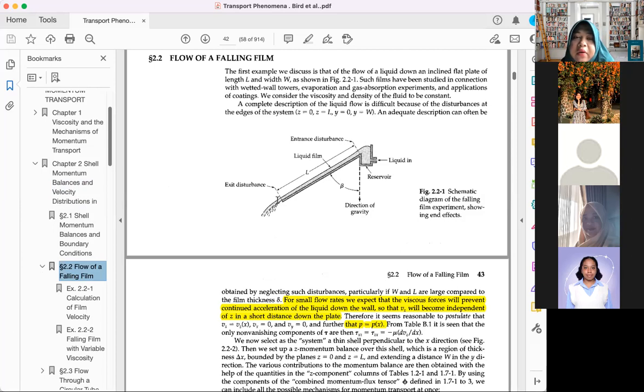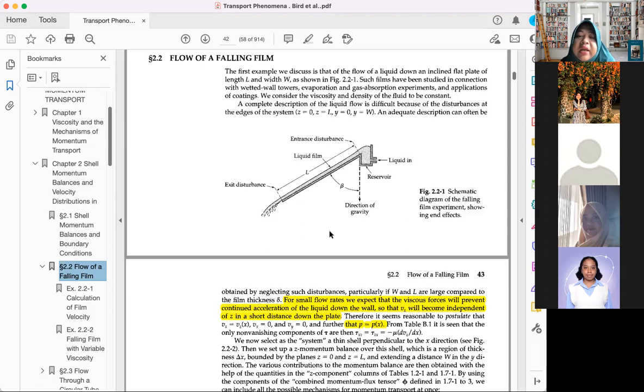In a flow of a falling film, you can see some examples, for example, not in a waterfall, but maybe in some water fountain or something like that, or a column. So here you can see that again, this is the liquid film, and we would like to have a look at this one.